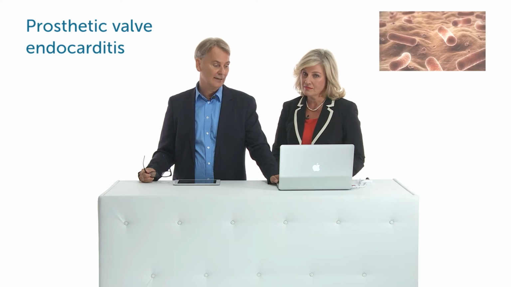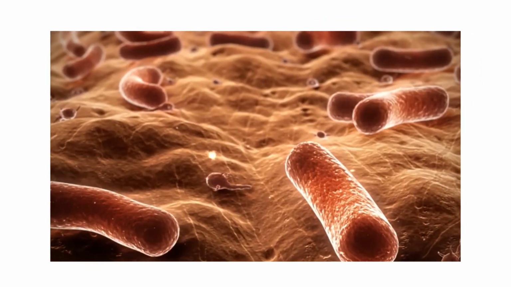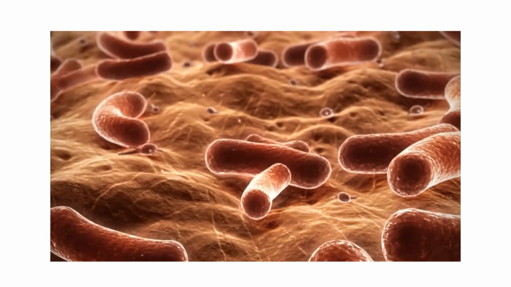There's one more important topic that we actually covered in a previous chapter, but we need to mention it once more. And that is the topic of prosthetic valve endocarditis. Now, why are patients with prosthetic valves at such high risk of endocarditis? There are several reasons.